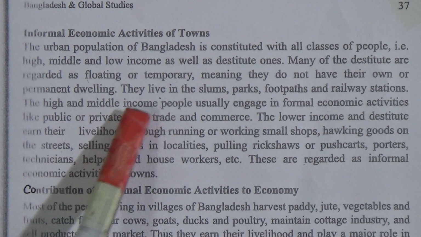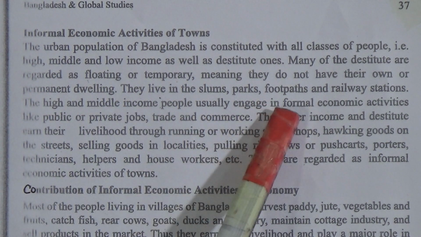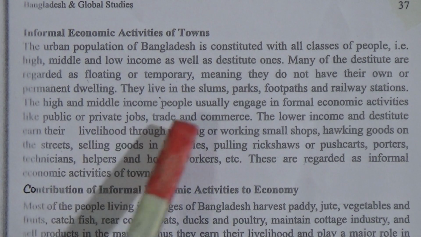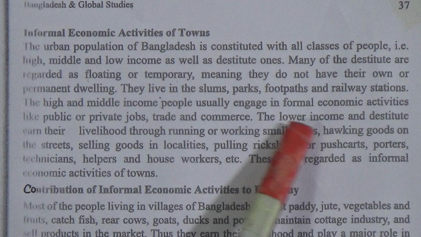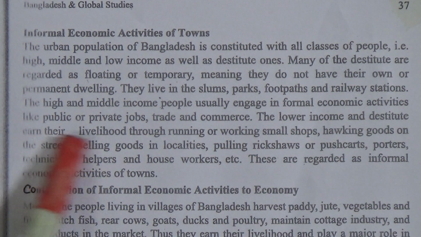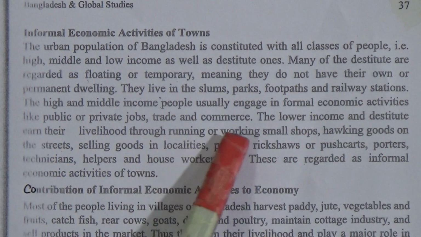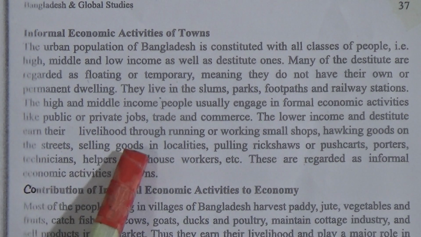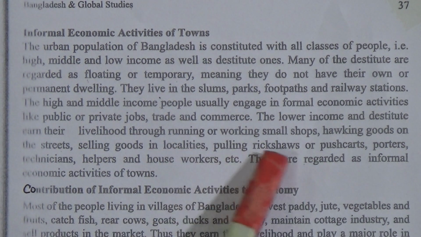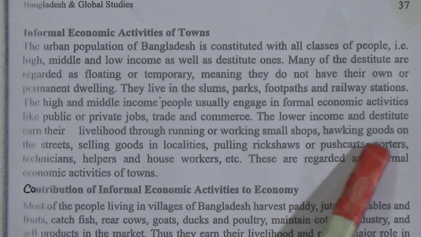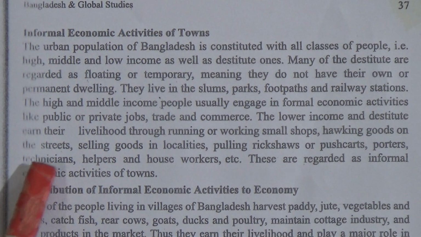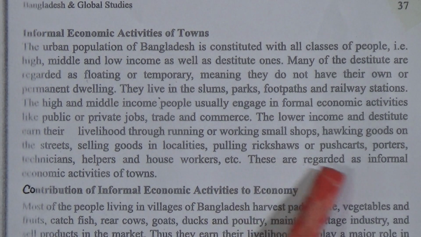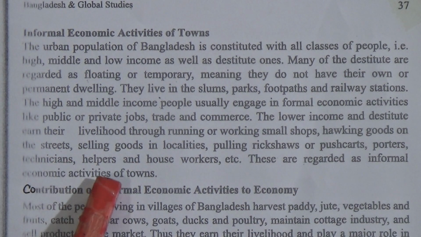The high and middle income people usually engage in formal economic activities like public or private jobs, trade and commerce. The lower income and destitute earn their livelihood through running or working in small shops, hawking goods on the streets, selling goods in localities, pulling rickshaws or pushcarts, porters, technicians, helpers and house workers, etc. These are regarded as informal economic activities of towns.